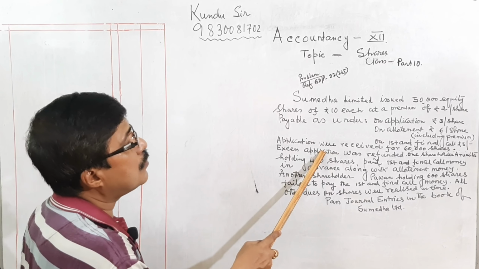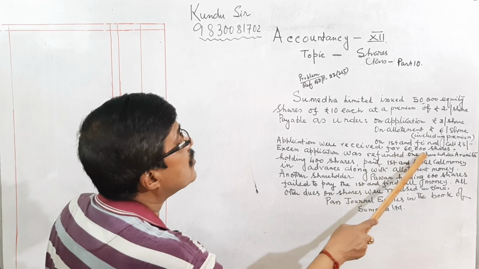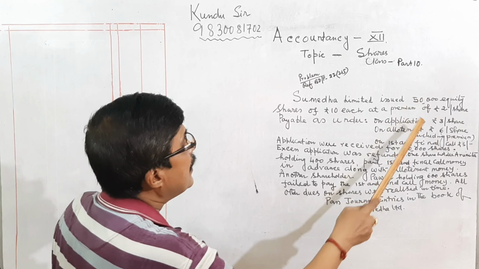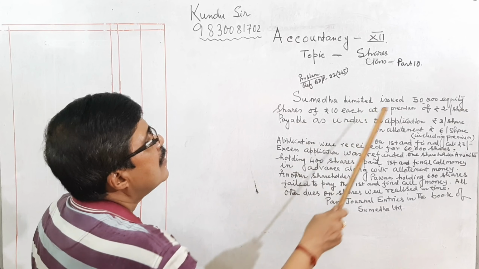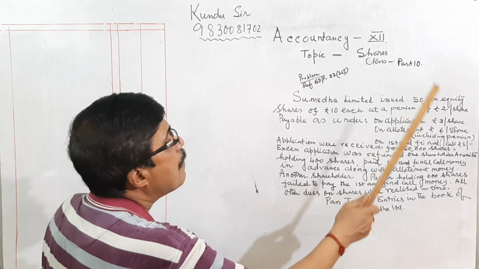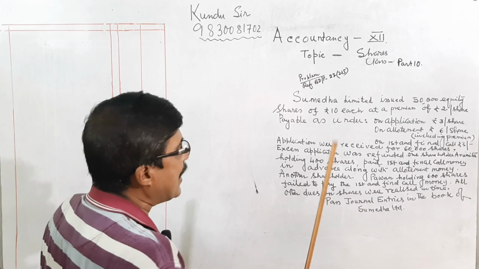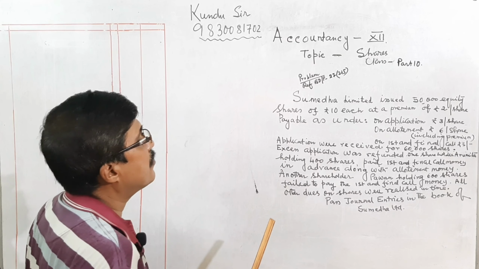Applications are received for 60,000 shares, but Sumedha Limited invited applications for 50,000 and got applications for 60,000. That means it is an oversubscription.